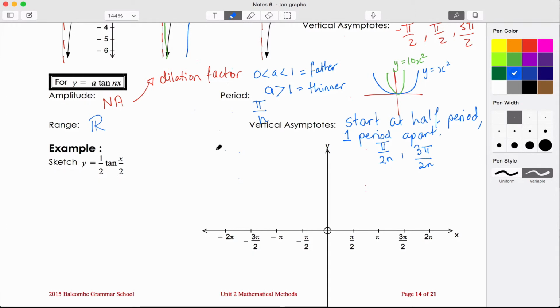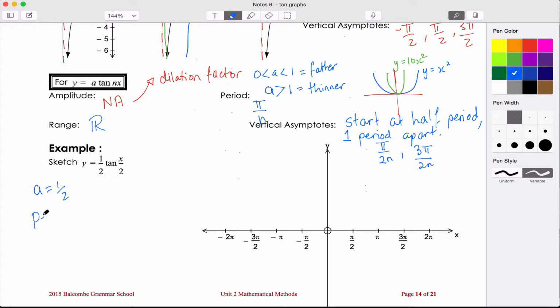You might like to pause the video now and have a go at drawing this graph yourself. Okay, looking at this equation, we've got a equals 1/2, which is a fraction. That's our dilation factor. So it's going to be fatter than the normal tan trig graph.